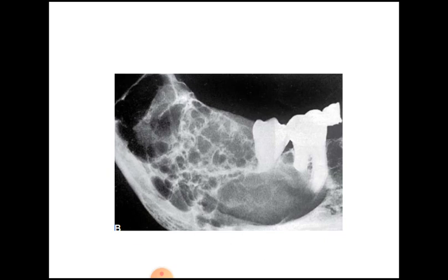What's the treatment of adamantinoma? Resection of the affected segment of the mandible with a safety margin of at least half an inch, and replacement of the mandible by a bone graft or artificial prosthesis.